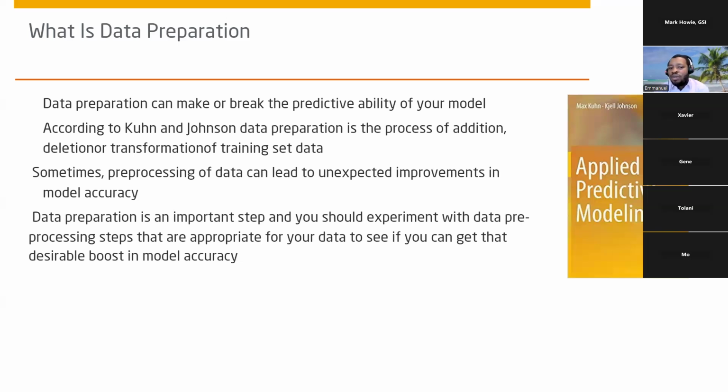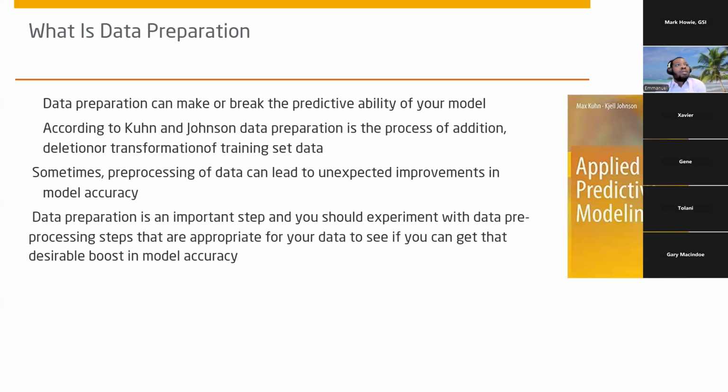That's just to say that a particular decision while you're preparing your data can affect the outcome of the model. So it is very important. We need to spend enough time in this phase, because if you don't, you won't get the desired results.